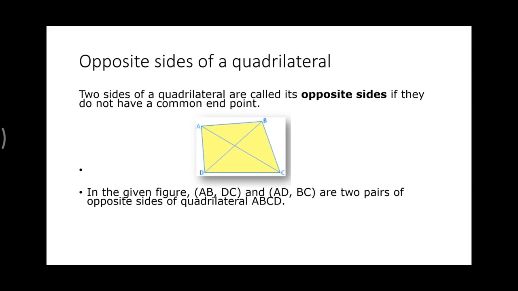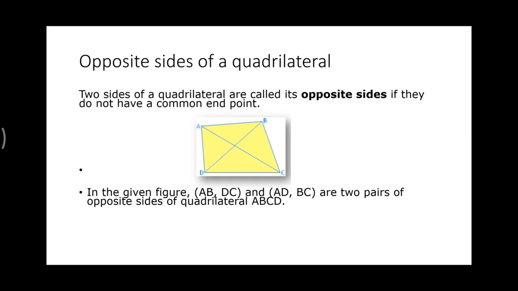Now this is our second topic, opposite sides of a quadrilateral. Opposite sides of a quadrilateral are the two sides that do not have a common endpoint. Or we can say the sides which are not adjacent are called opposite sides.